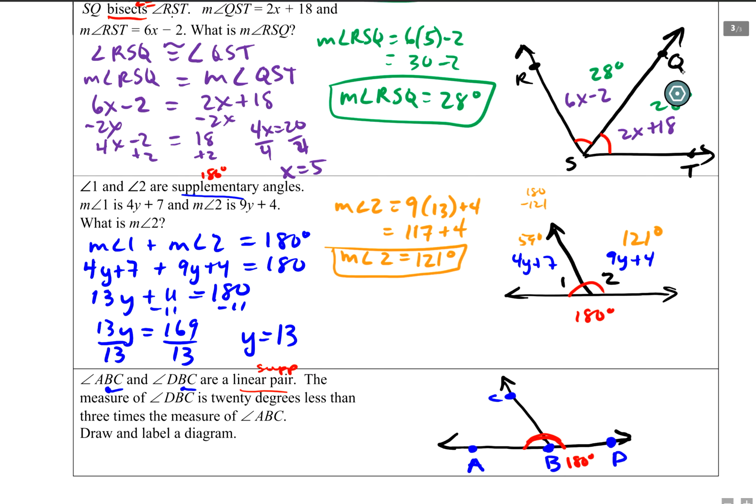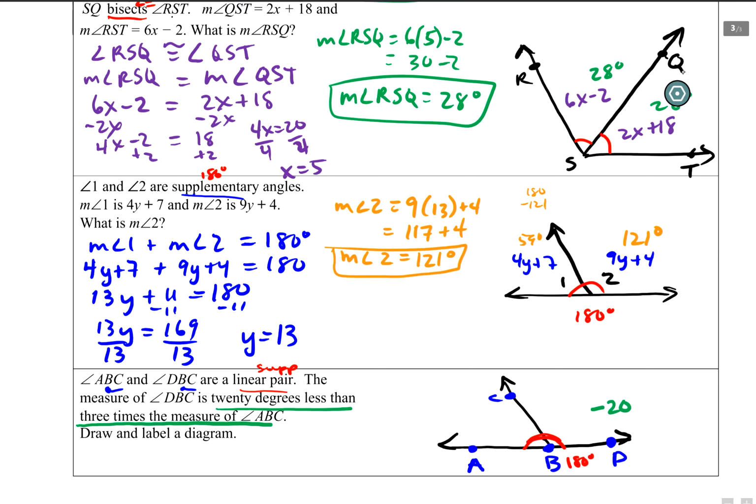All right, now what else are we told? Angle DBC is 20 degrees less than. So less than means minus, and it always goes after something. So I'm subtracting 20 from something. What am I subtracting 20 from? 3 times the measure of my other angle.